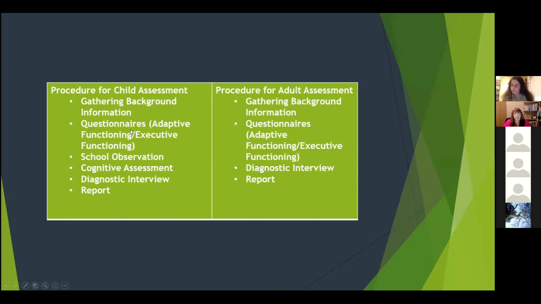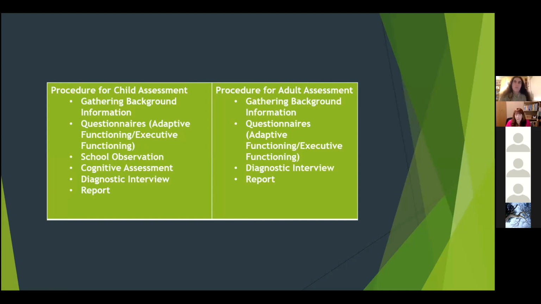You'll also be asked to complete some questionnaires in relation to your child. So these questionnaires will be looking at both adaptive functioning and executive functioning, and you'll be asked to fill them out as parents, to get the child's teachers to fill them out, and then depending on the age of the child, there will be some forms that they will be asked to fill out themselves.